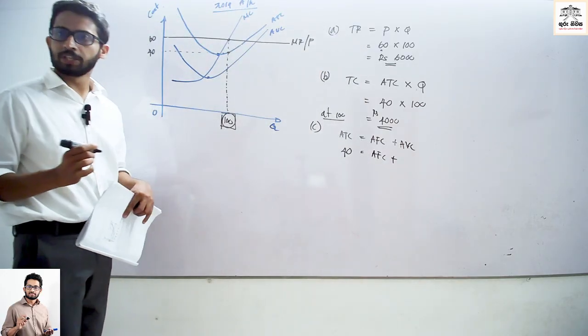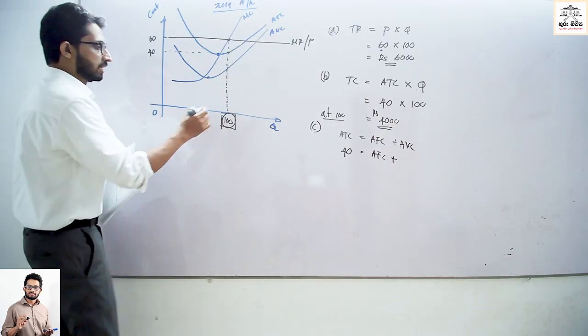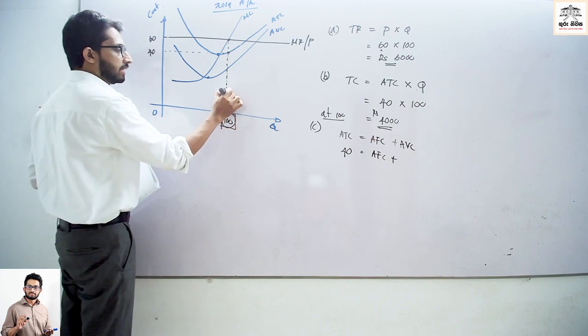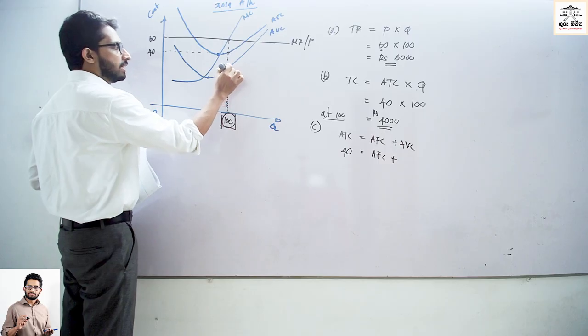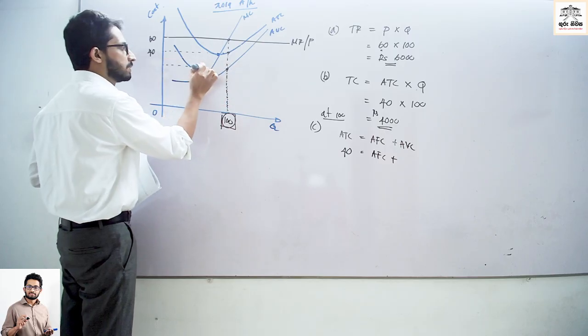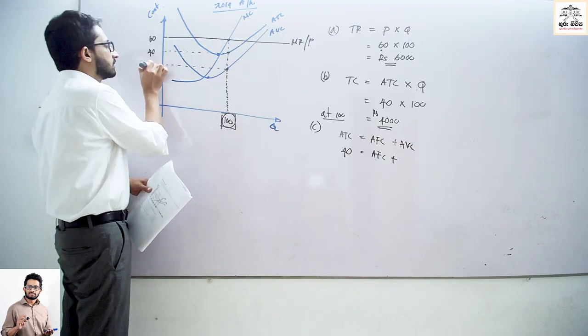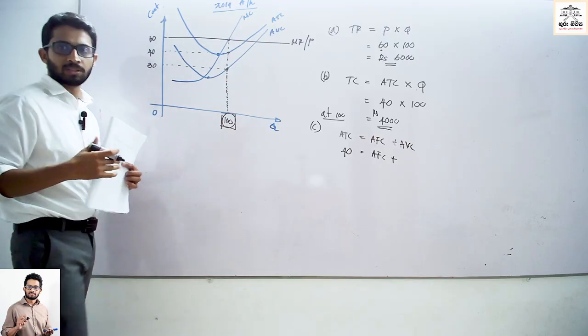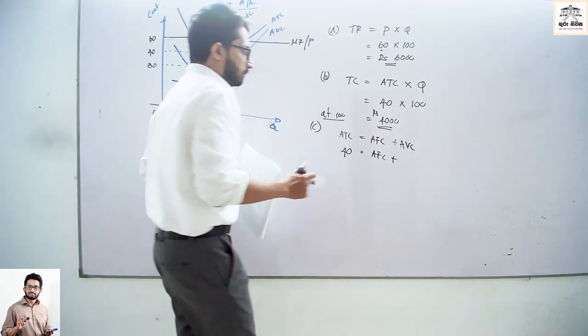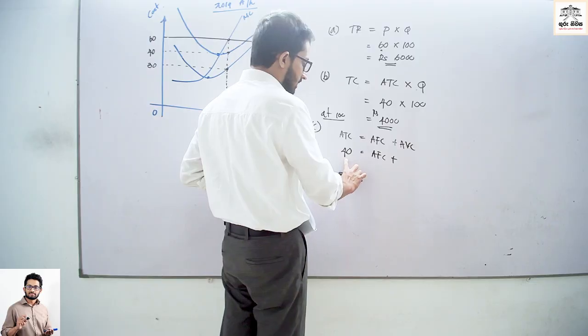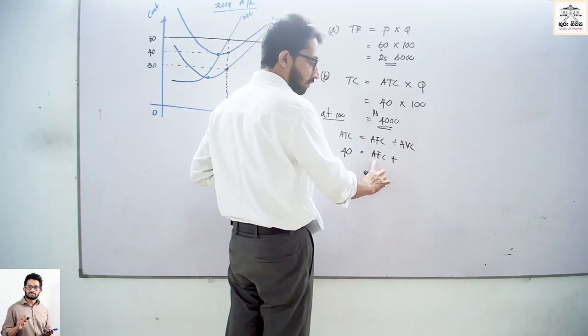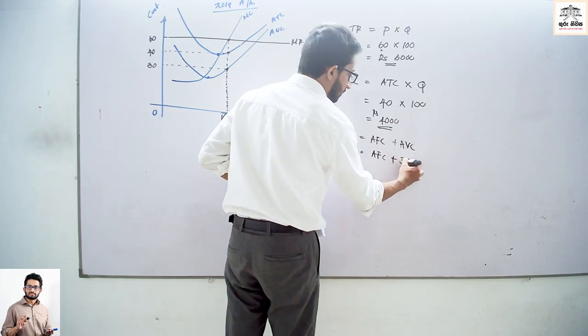How much is the average variable cost at 100 units, Lamai? Come vertically upward, then you will meet average variable cost. At the 100 output level, ATC is 40, we don't know the value of AFC, and AVC is 30 rupees.